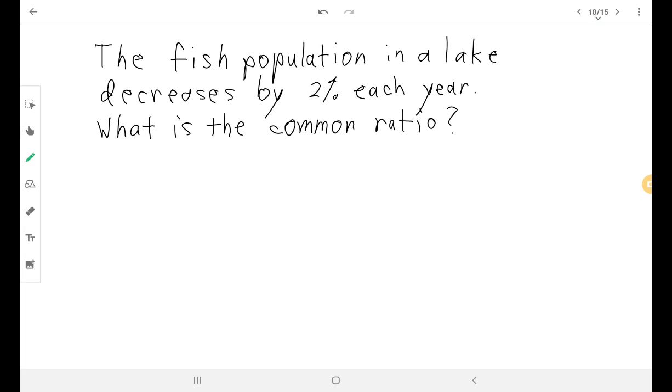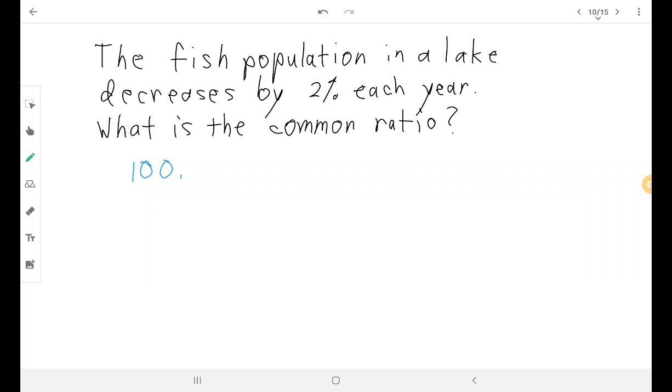All right, the fish population in a lake decreases by 2% each year. What is the common ratio? So let's think about this in the easiest way that we can. If you're talking percents, the easiest way to think about things is, let's think about 100 first, okay?